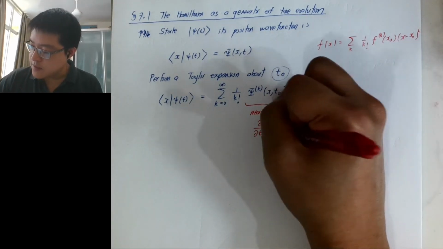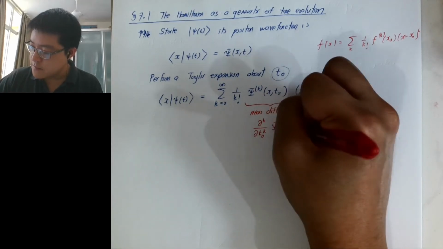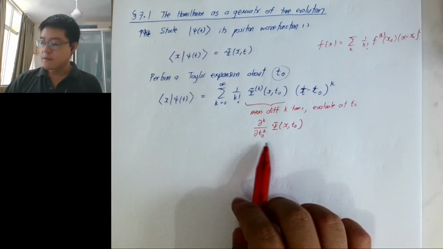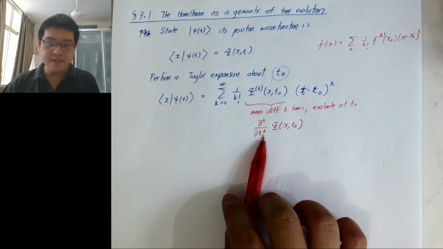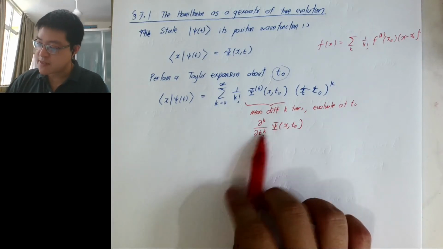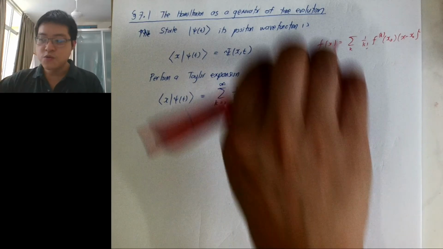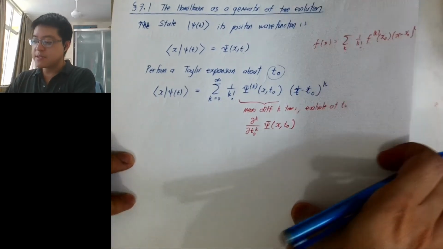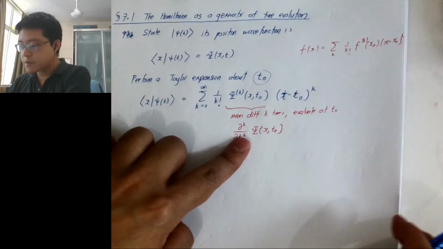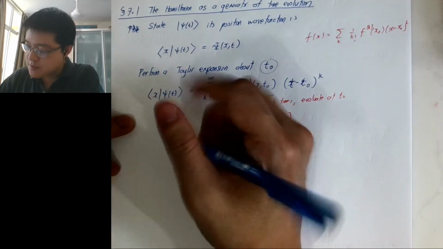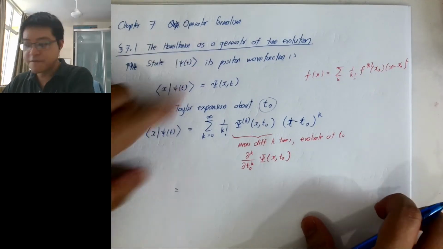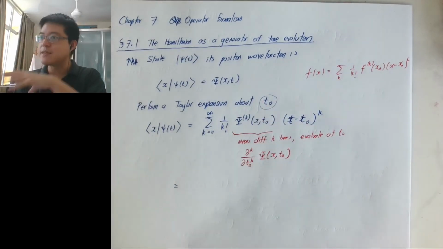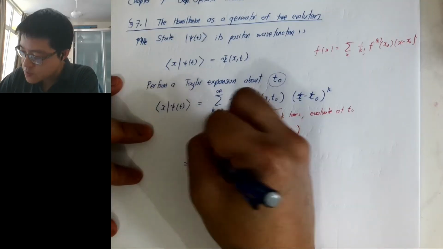So I'm just writing in this form. Right, so if I just treat t and then I just evaluate, and then if I substitute back t0, it's just the same thing as doing this. Okay, so that means I can write this in operator form now, because this is a chapter about operators after all, right? And I want to see what is the derivative operator associated to this problem.